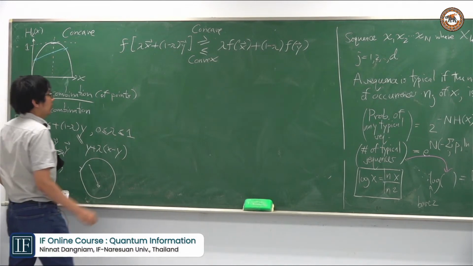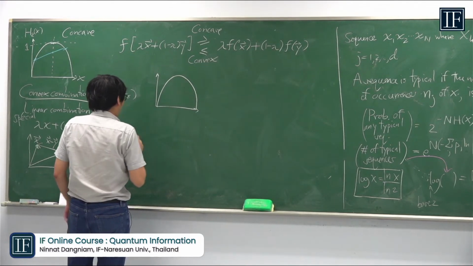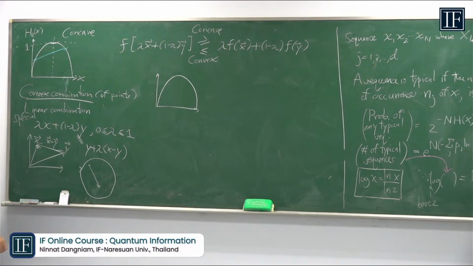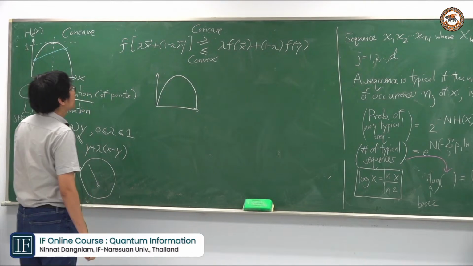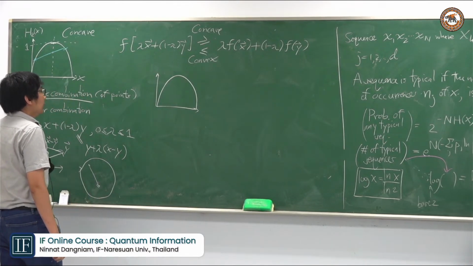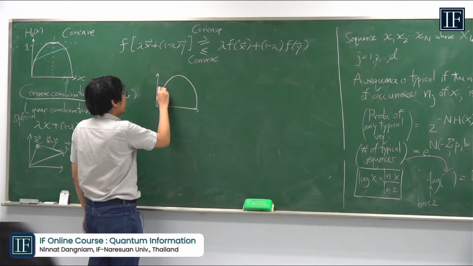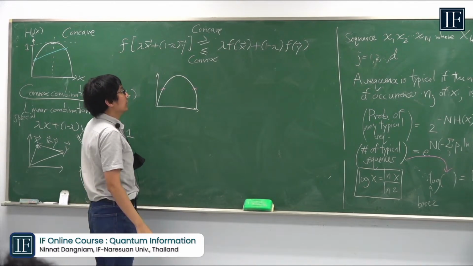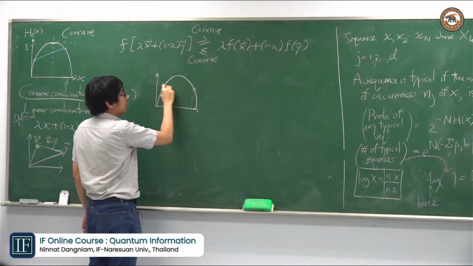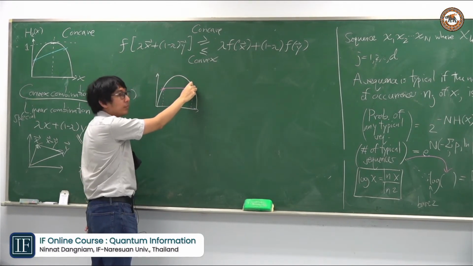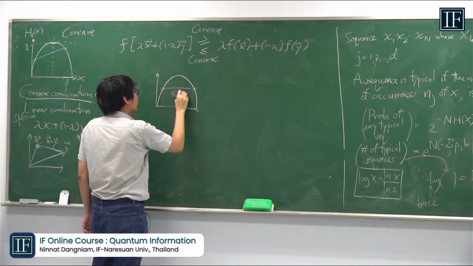So here, if I want to apply this new terminology to the graph again, the left-hand side would mean that, let's say I take these 2 points. The left-hand side would be, I take the value of this function and then form a convex combination of them. Sorry, that was the right-hand side.